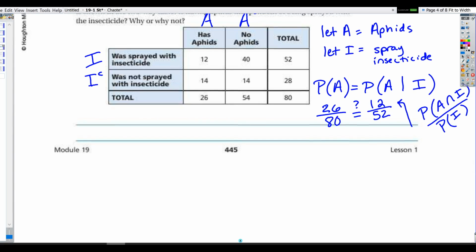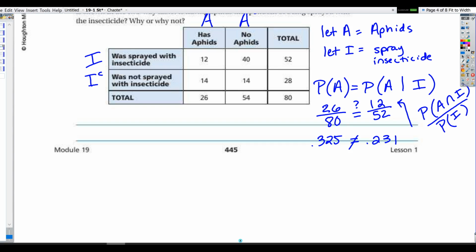All right, so are these independent? So first of all, what are we getting? 0.325. And does that equal 0.231? It does not. So exactly what we thought was supposed to happen did. If they were sprayed with the insecticide, the chance of having aphids goes down, which is what you want, right?